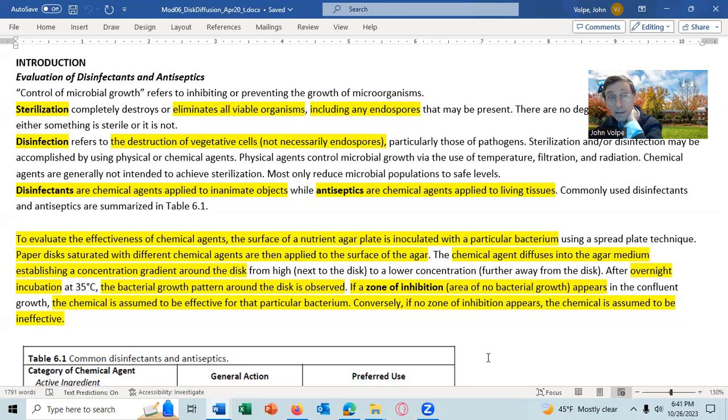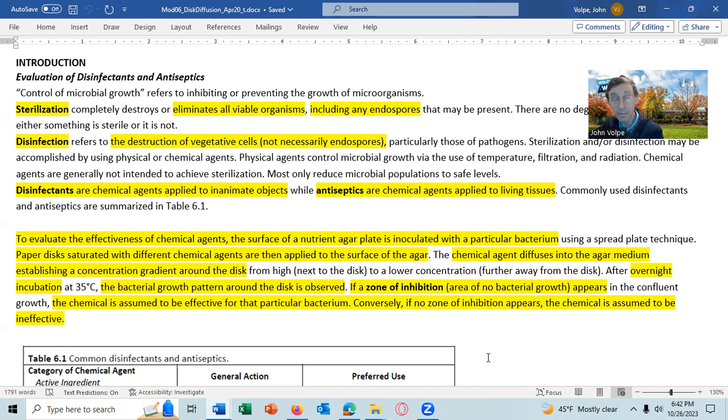If you find a zone of inhibition around the disc, an area with no bacterial growth, you can assume the chemical is at least a little bit effective on that particular bacterium. Conversely, if there's no zone of inhibition, the chemical can be assumed to be ineffective, at least on that particular bacteria.